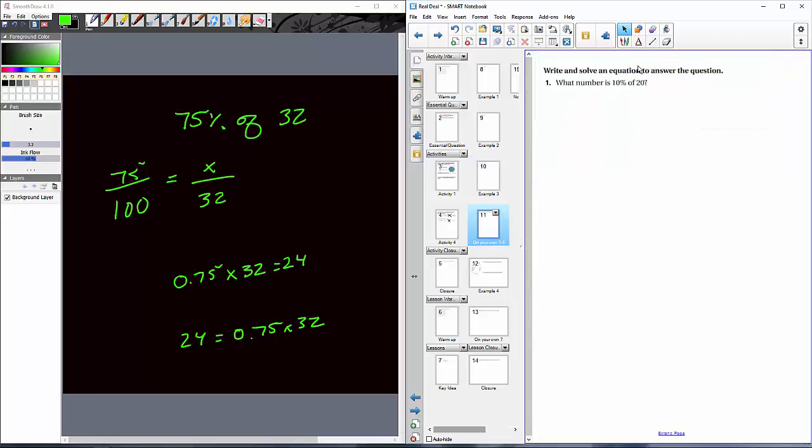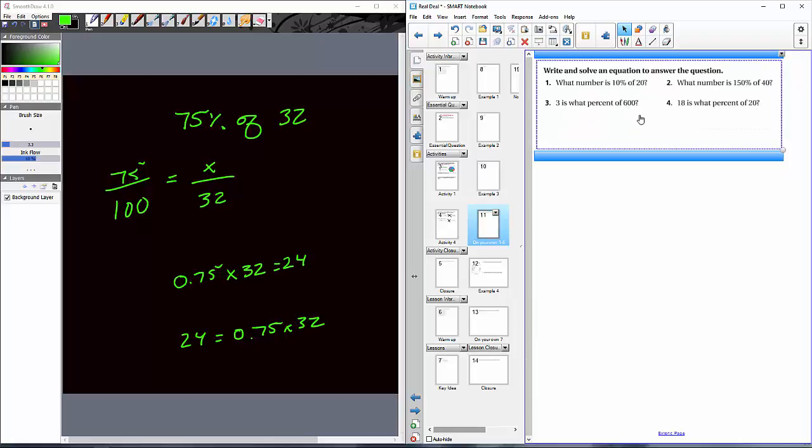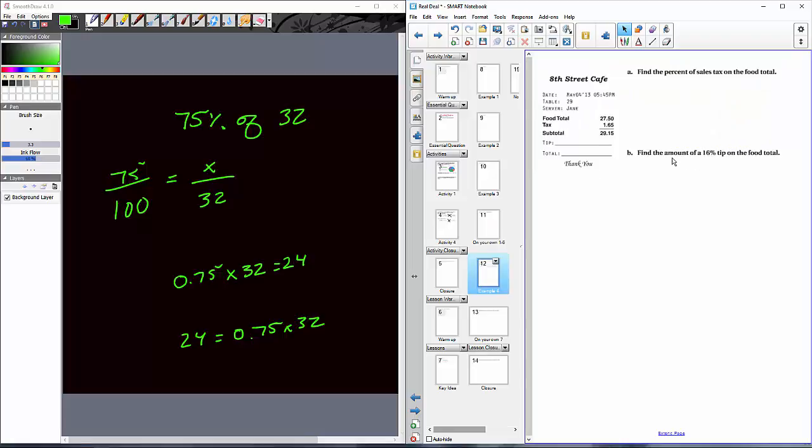This one here, I look at them. What number is 10% of 20? If I take 0.1 times 20, I'll get 2, and these are the rest of the answers. And then finally, I want to make a 16% tip on this food. Well, here's the total right here, 29.15. I want to figure out 15%, right? Oh, I'm sorry, this one says find the percent of sales tax.